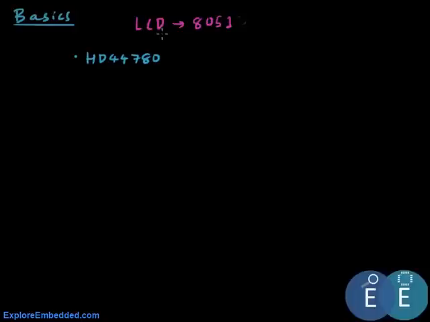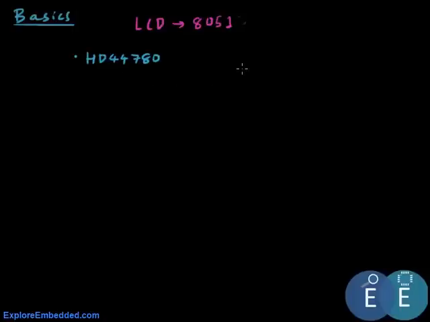Any LCD, any liquid crystal display will have a graphics controller inside, and that takes commands from the microcontroller and it displays the characters on the LCD. So most of the LCDs use the HD44780 or a compatible LCD graphics controller.